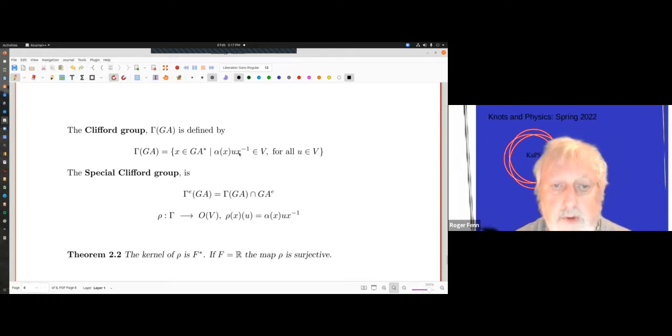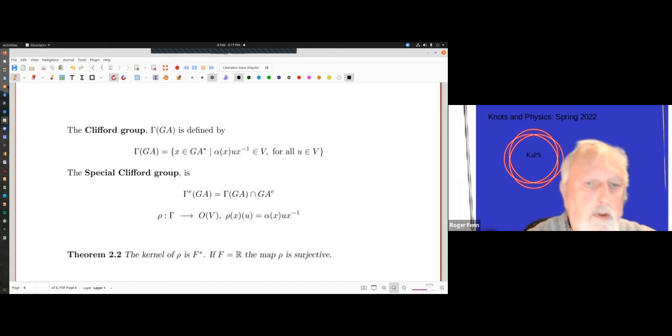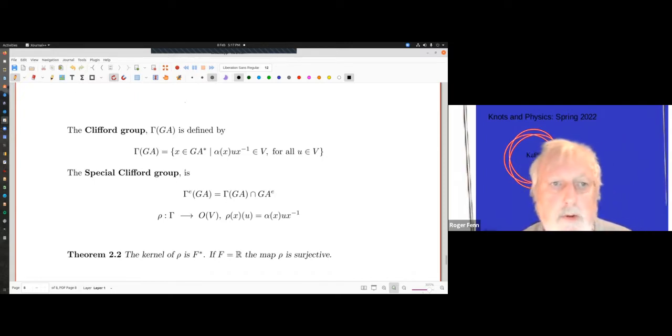And of course it's invertible, so it's like a conjugate of an element u in V, and you want the result again to be in V. Remember that V is just the one vectors.